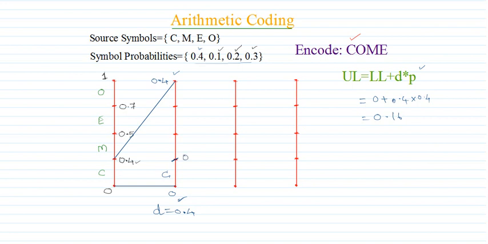This is the upper limit we found for C. Now we find the upper limit for M. The lower limit is 0.16, plus D, which is 0.4 itself, into the probability of M, which is 0.1.